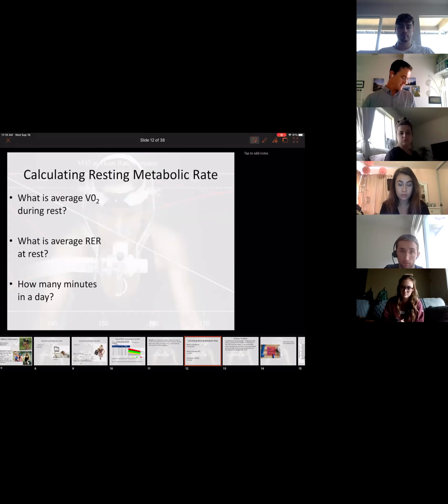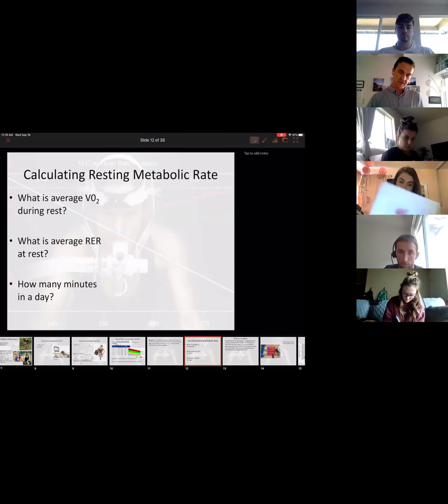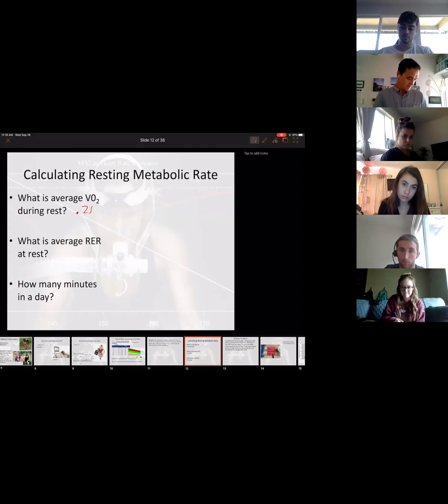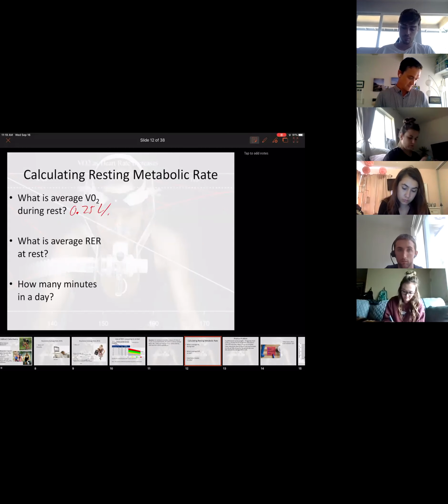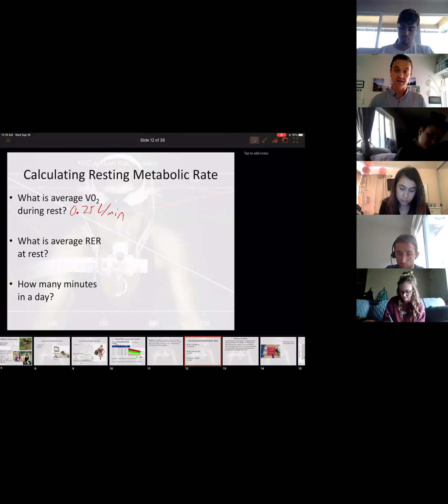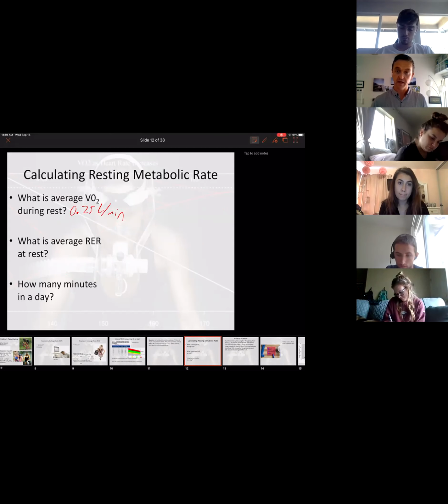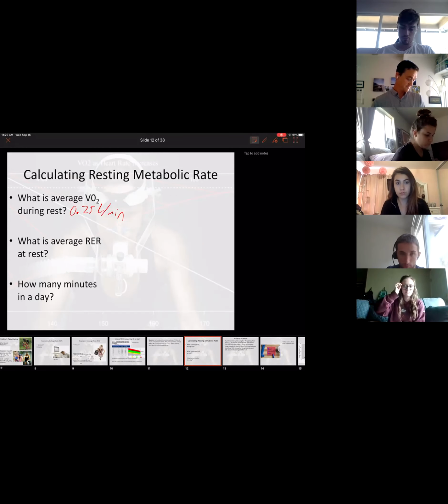Okay, so I'm going to give you some numbers here, and then I'm going to send you into your breakout rooms and have you do this as a team. Average VO2 at rest is somewhere around, let's call it 0.25 liters per minute. So that's your average resting VO2, and this varies greatly depending on your body size and your muscle mass. Larger people have a greater resting VO2. Smaller people have a smaller resting VO2, okay?